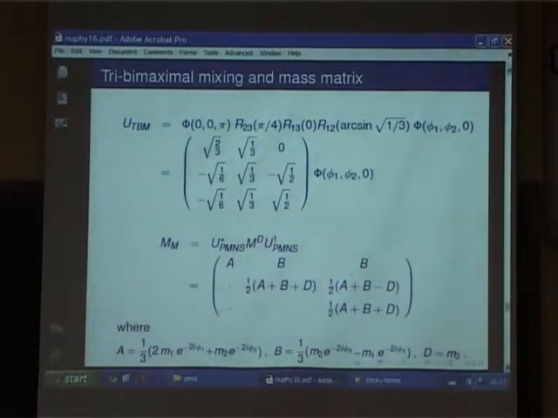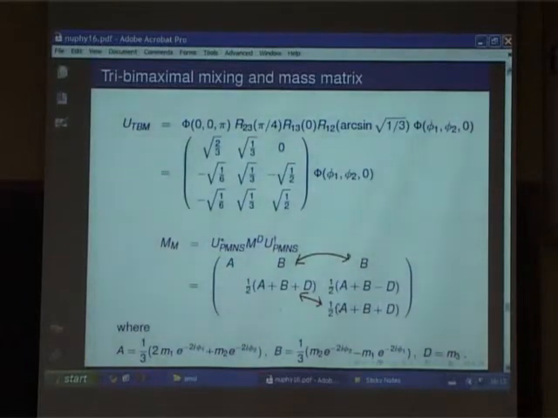So these two are equal, these two are equal. It is symmetric, and this is also the same as B. But that's not surprising. What's surprising is that this element is the same as this element, and this element is the same as this element. So what does this mean?